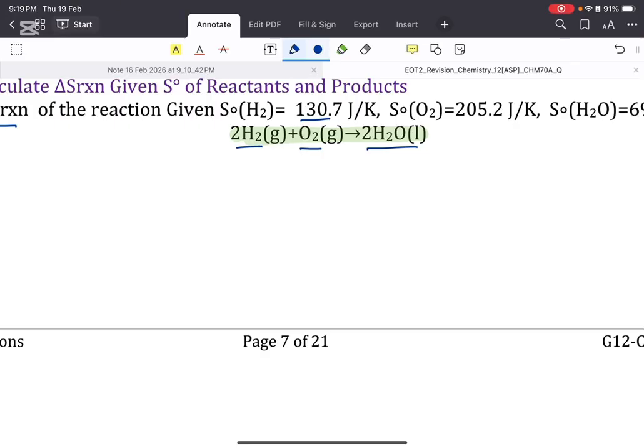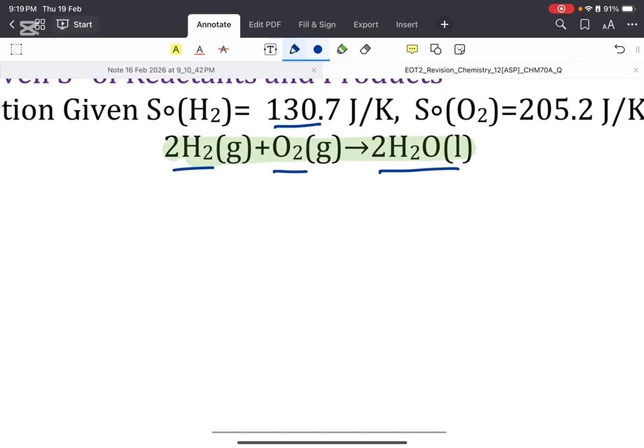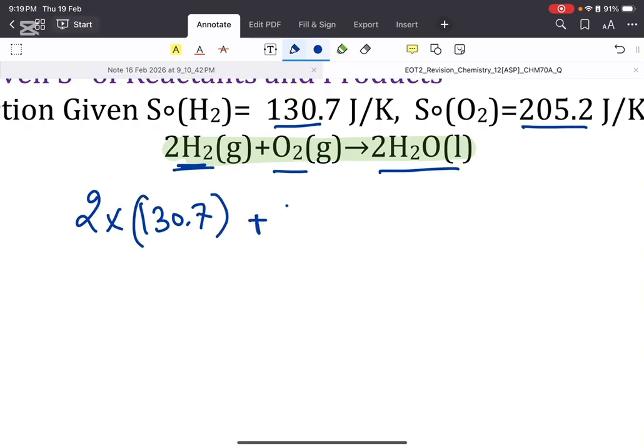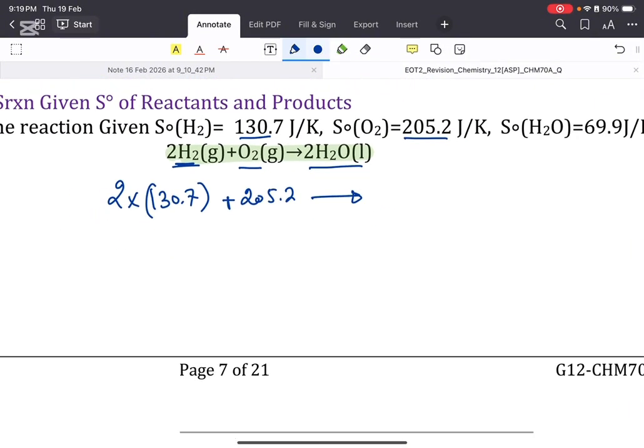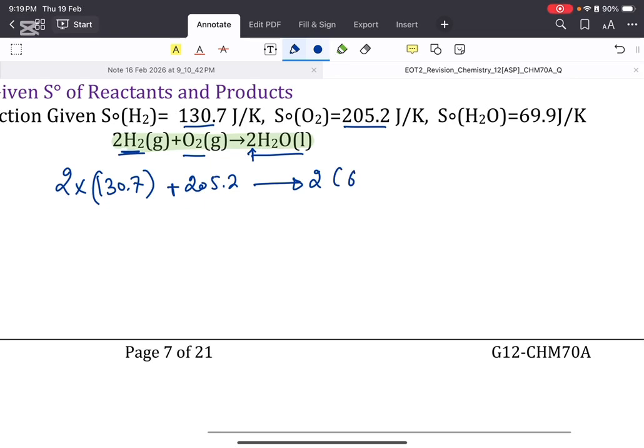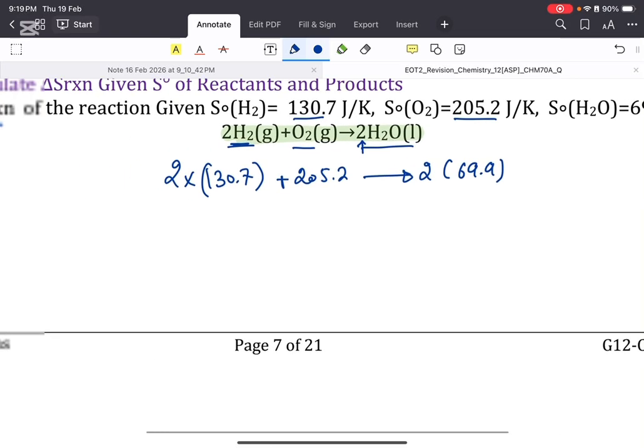We can substitute like in the formula: 2 multiplied by hydrogen, which is 130.7, plus the one of oxygen, which is 205.2, and 2 times the one of water, which is 69.9.